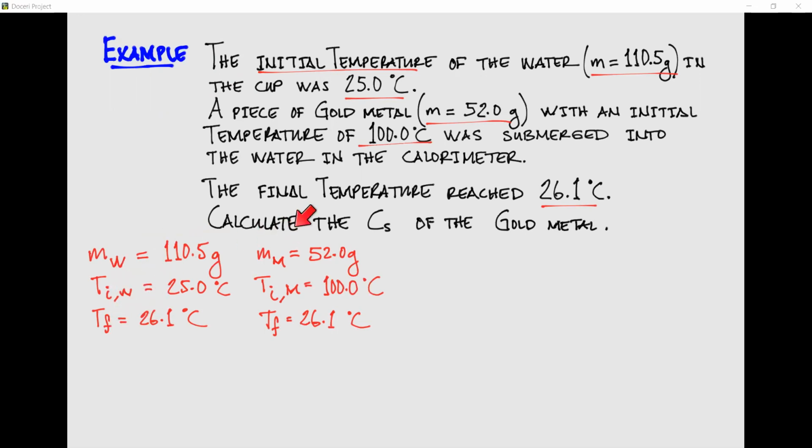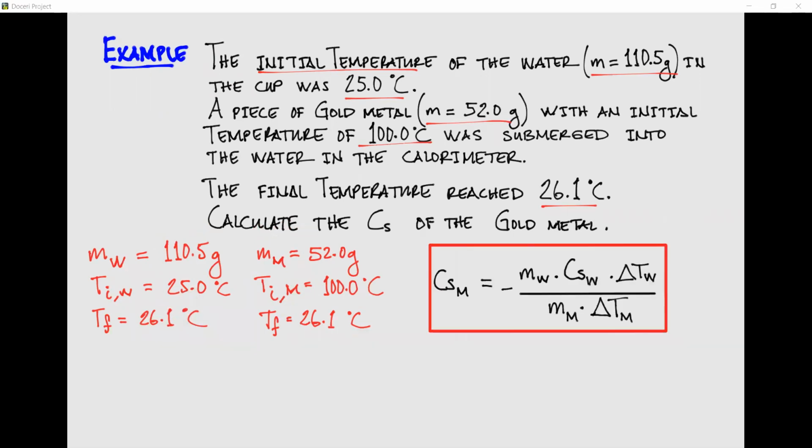We also know the mass of the metal, the initial temperature of the metal, and the final temperature of the metal, which is the same as the final temperature of the water. All we have to do now is plug it into this equation, this formula shown here.